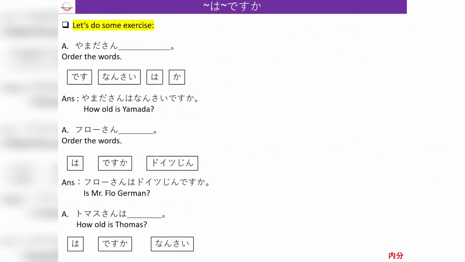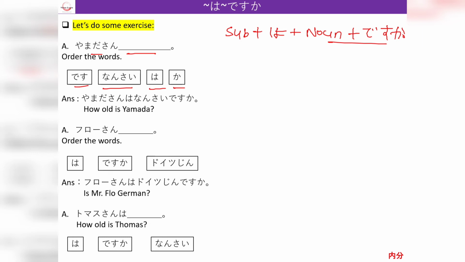Here we have a few more exercises to do. Yamada-san dash. Again we will use this pattern: subject plus wa plus noun plus desu ka. Our options are nansai, wa, ka. In our previous slide we learned that we can use other question words in place of a noun.